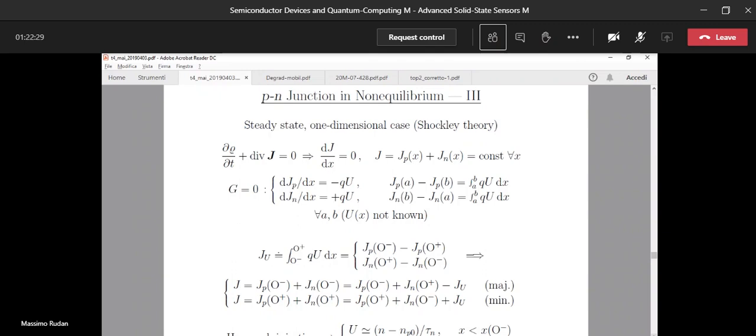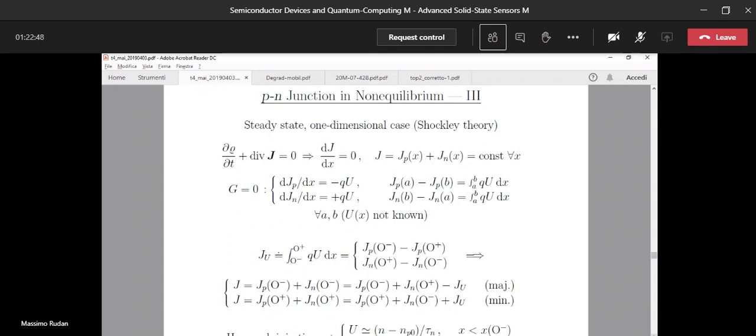So for the electrons, that are those in the second line, we obtain Jn at b minus Jn at a equal to the integral between a and b of q times u.